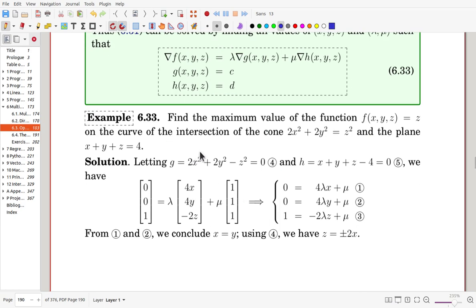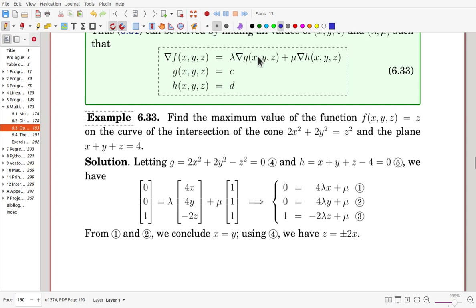See this example. Find the maximum value of the function f of xyz equals c. We chose a very simple objective function, on the curve of the intersection of the cone and plane. Here we define g of xyz, and from the second constraint, the plane, we have the function h.